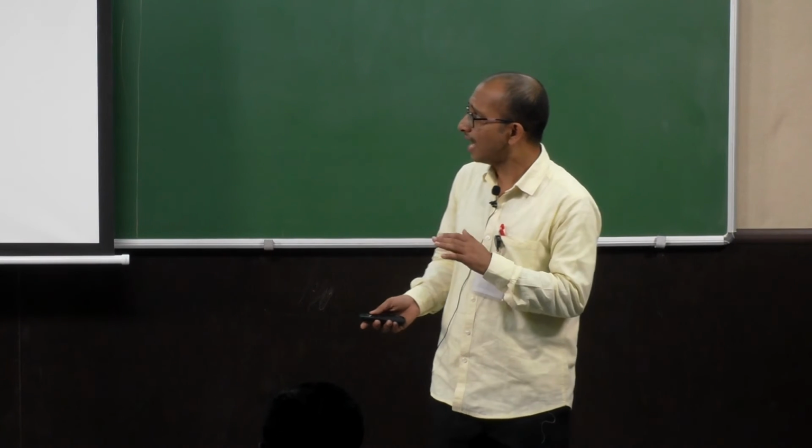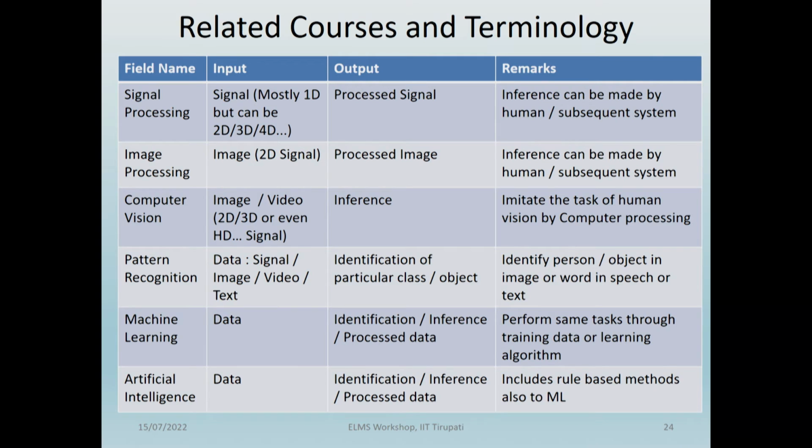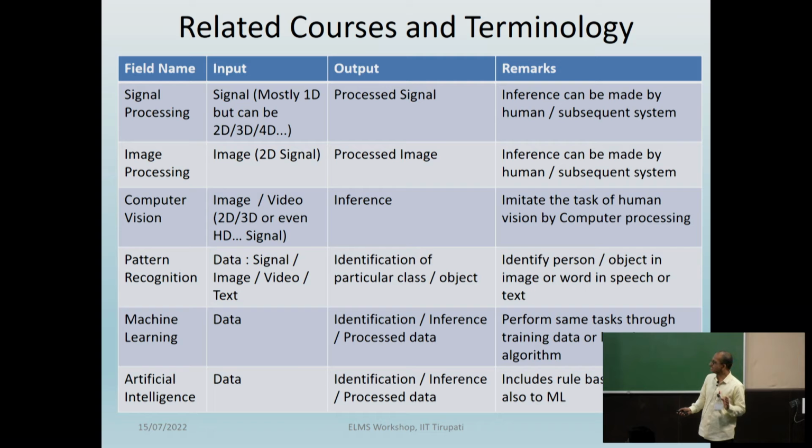So I will move on to the discussion of another example of why processing to learning is needed, and then discuss some aspects of different learning techniques. I will skip this slide, but it is self-explanatory. Essentially, we initially started with signal processing and image processing, where processing is important.